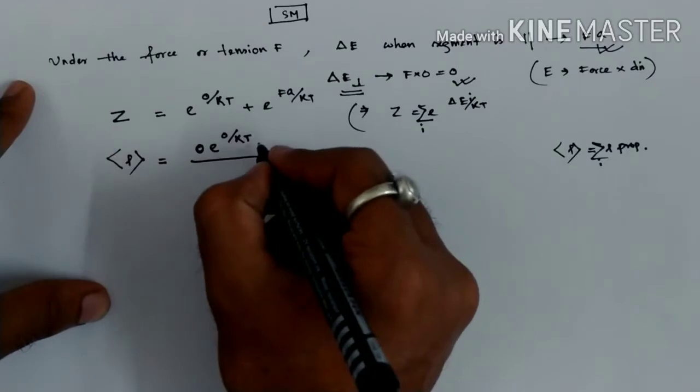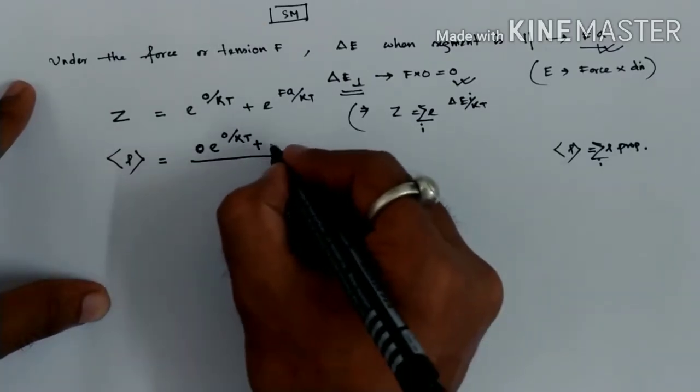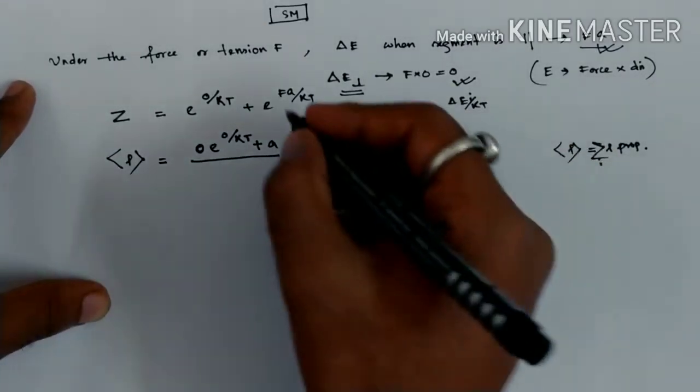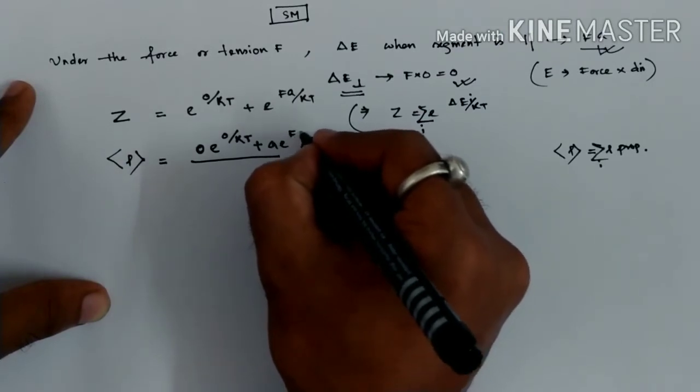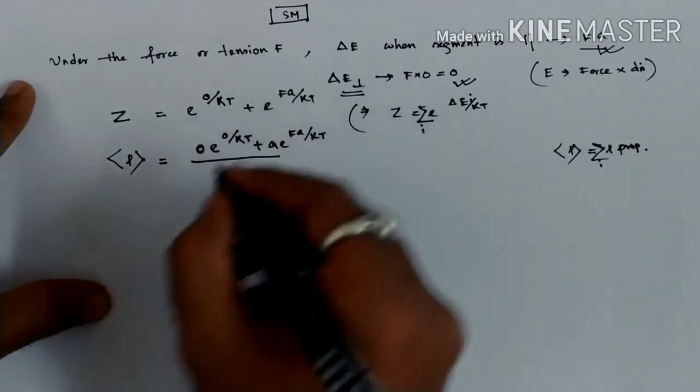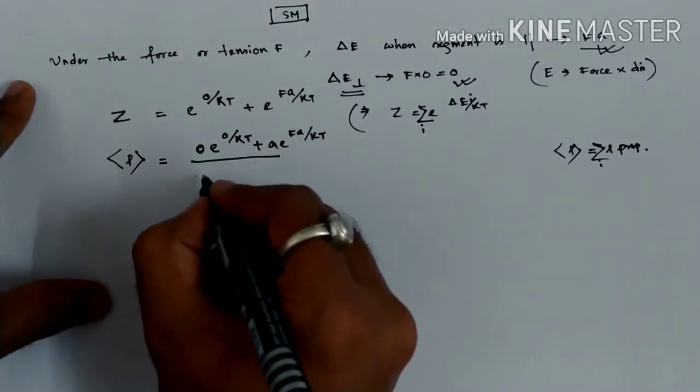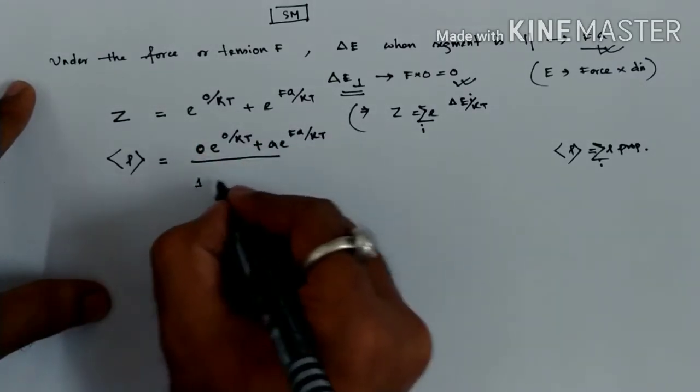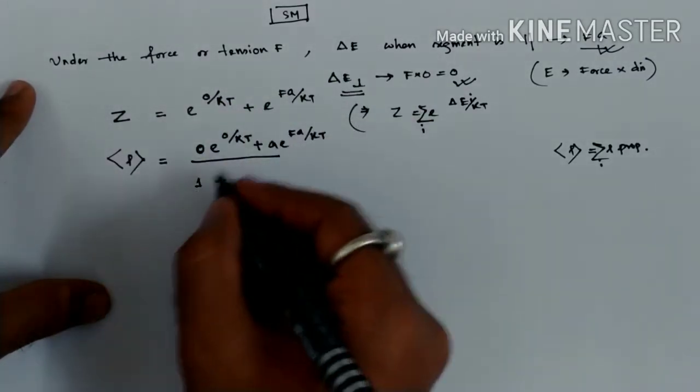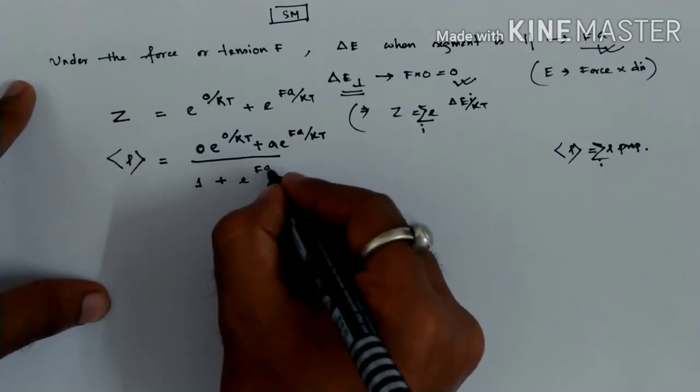And when it is parallel, the length is a and the state energy is Fa by kT, divided by the partition function, which is 1 plus e raised to Fa by kT.